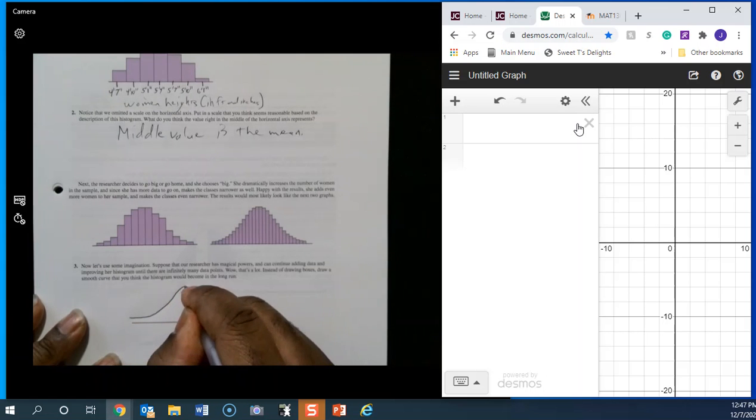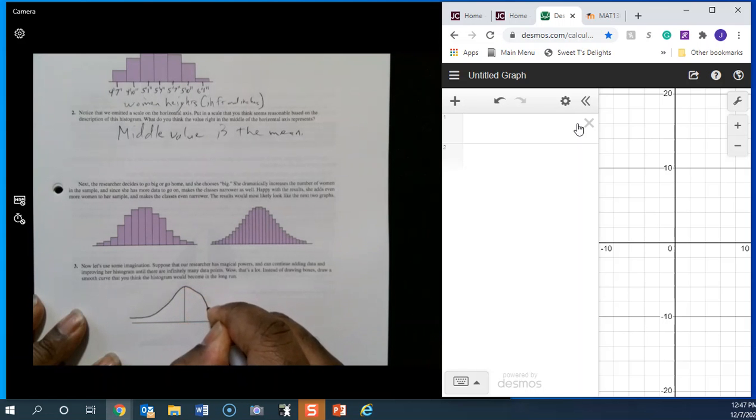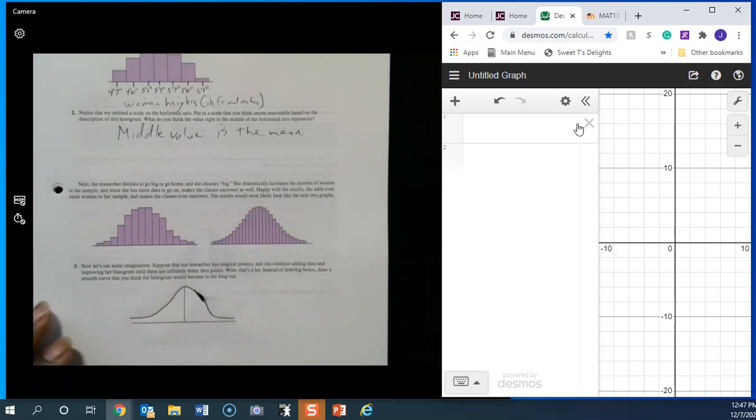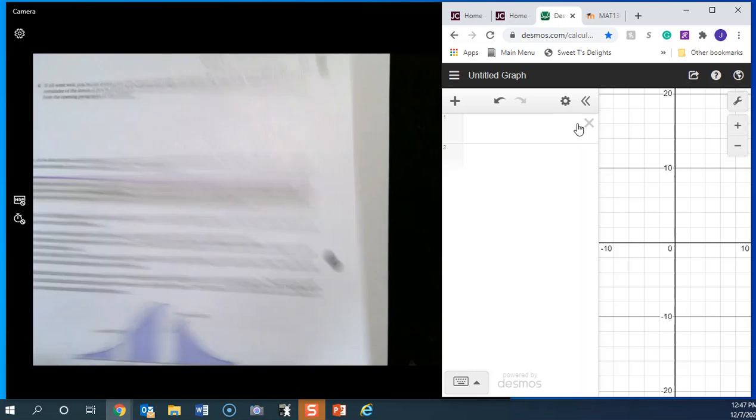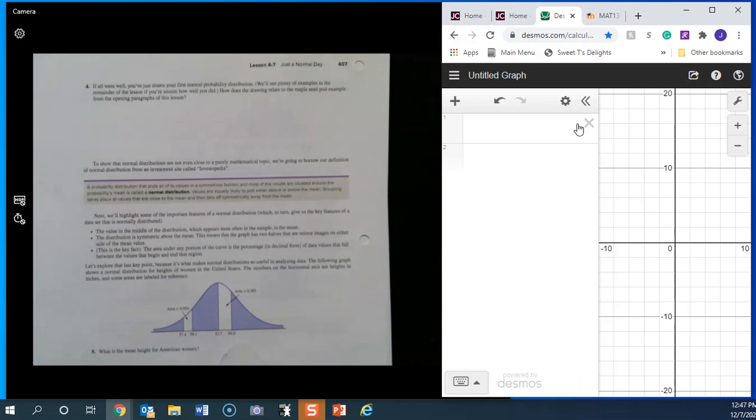But this is what I think this would kind of sort of look like. Of course, it should be a little smoother here, but it looks something like this. All right, almost like a bell shape.